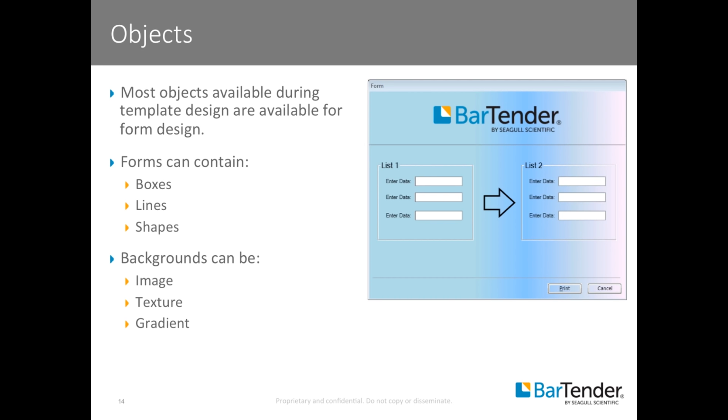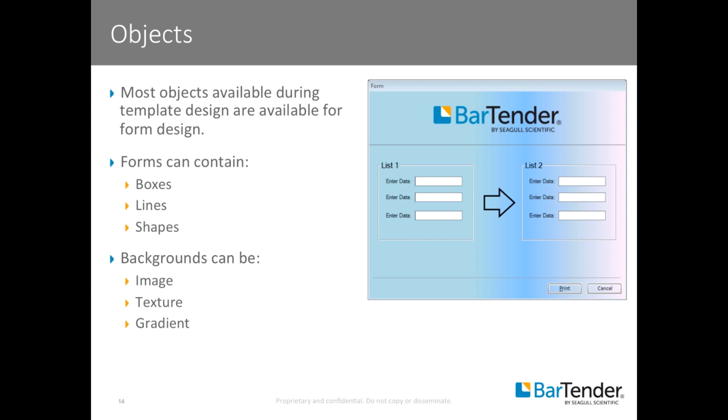So for example, we've changed the color of the background, and we've put boxes around list 1 and list 2, and that actually helps control the tab order. So if you're in a scenario where an end user is tabbing through this print dialog, and you need to isolate these sections, you're able to do that with the box groupings.